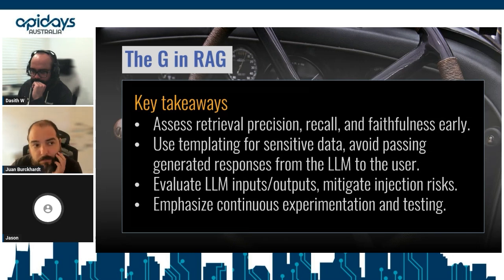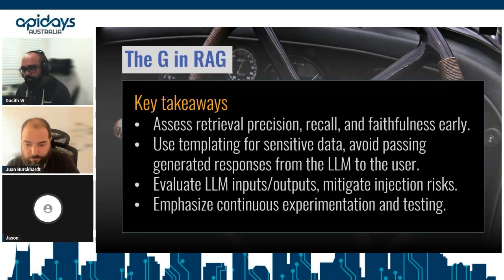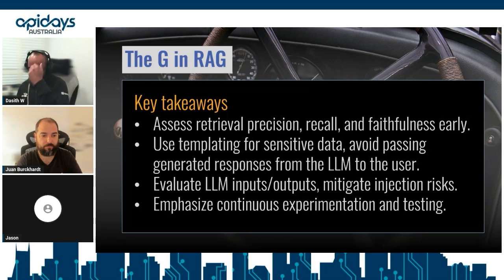Another thing, you need to evaluate the LLM inputs and outputs. This is basically the guardrails that Juan mentioned. You want to have guardrails around your RAG implementation to make sure that when the user sends their prompt, they're not trying to jailbreak and get the LLM to do something it wasn't designed to do. We do have an example.